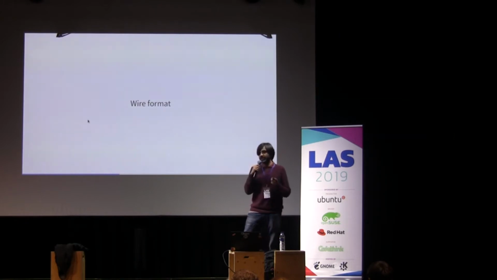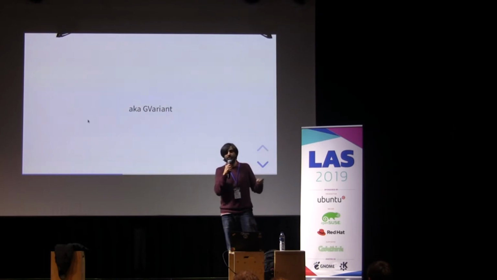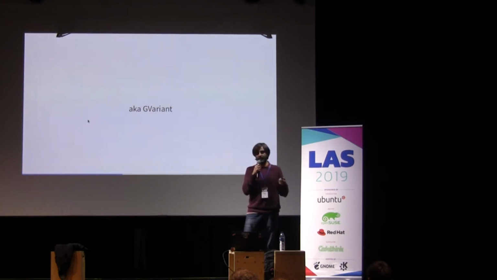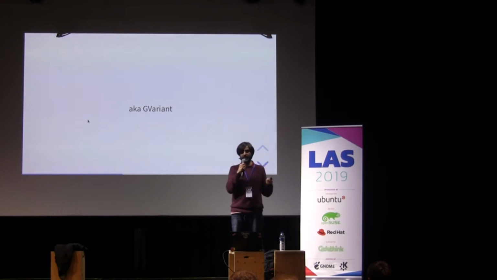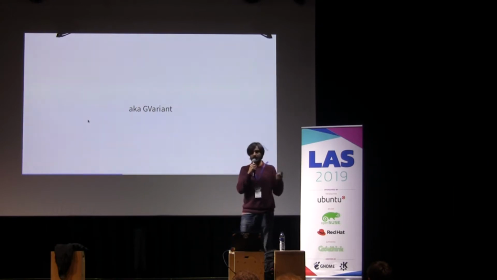And it has, on a low level, a wire protocol, which is also known as GVariant, because when it was created, glib was one of the first users of it, and they created this API called GVariant, which is basically the ZBus wire protocol, and you can use it outside of ZBus context as well, and a lot of people do that.